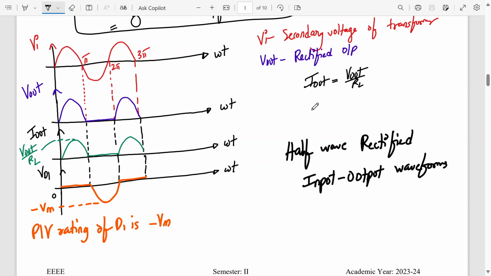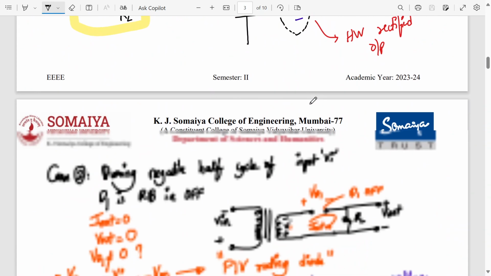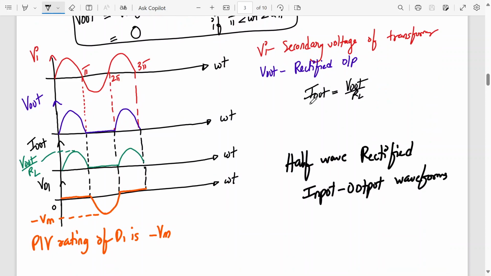तो ये हो गया second part. First part was the working and the explanation. Second part is the input output waveform. The third part will be the analysis to find the V out average, V out RMS, rectification efficiency, ripple factor and other stuff. Completed this?